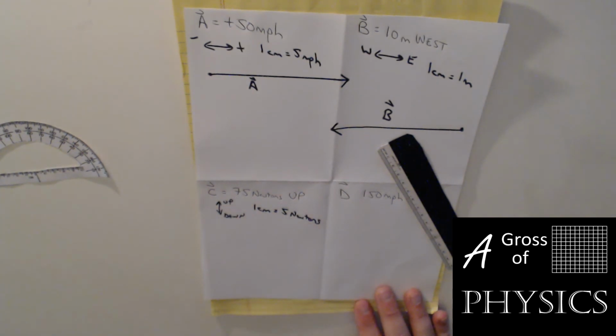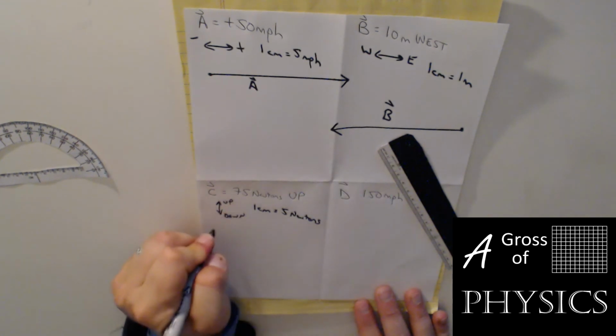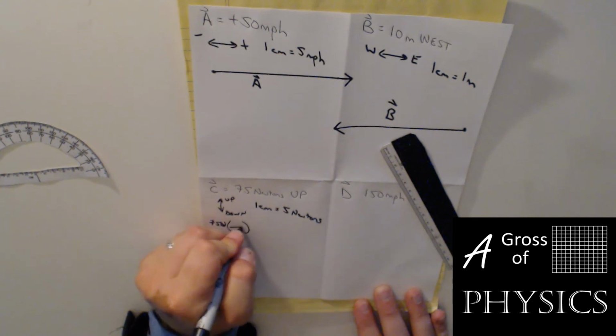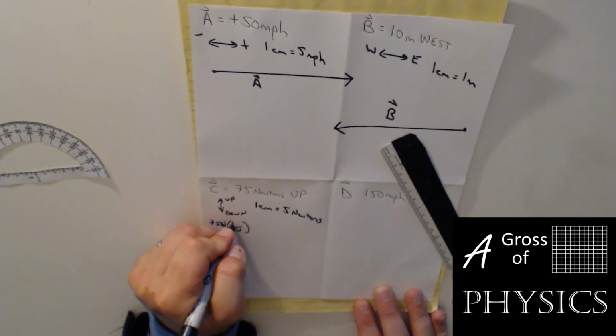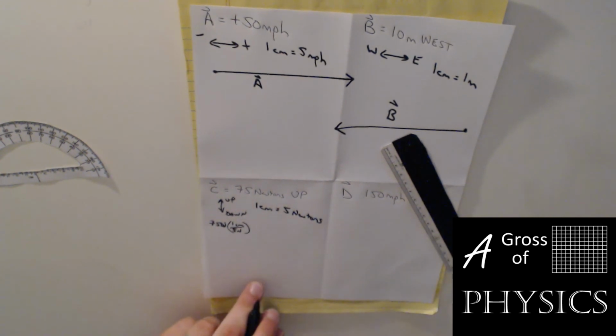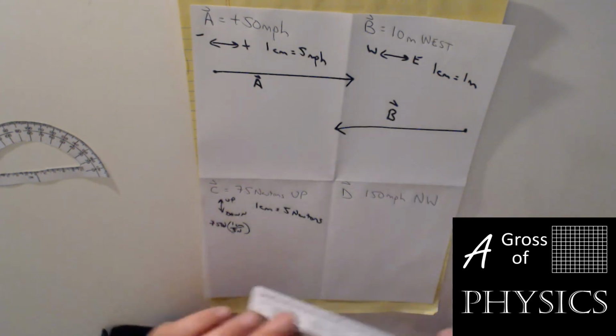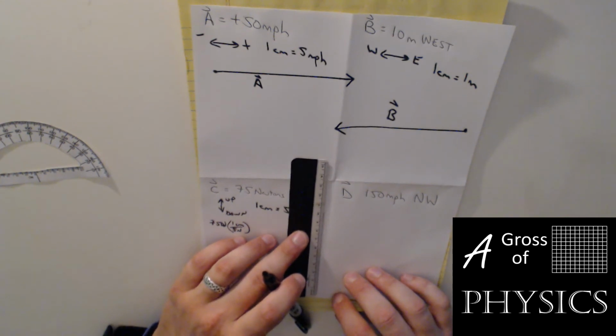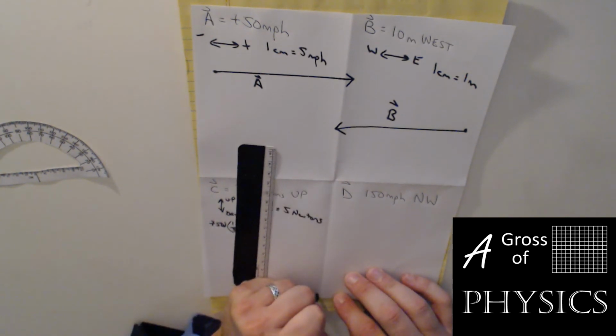Now, in this case, I'm going to have to draw a line that is, let's see, 75 newtons. And 5 newtons is 1 centimeter. What's 75 divided by 5? Isn't it 15? Look at that, it is. So I'm going to have to draw a line 15 centimeters up. And unfortunately, this is going to be bigger than the box.